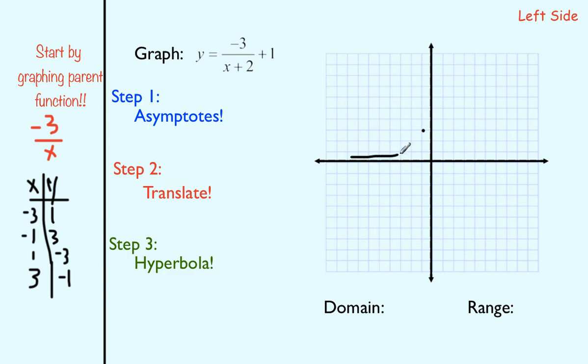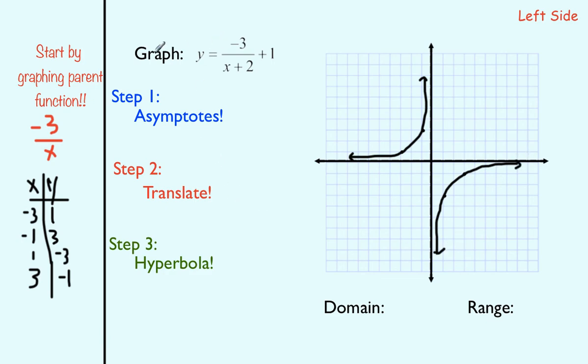Okay, so it looks like that. And at +1, we're down here at -3. And at +3, we are at -1. So it should be mirrored right over here on this side. It's really, really close to the asymptote, but never actually touches it.